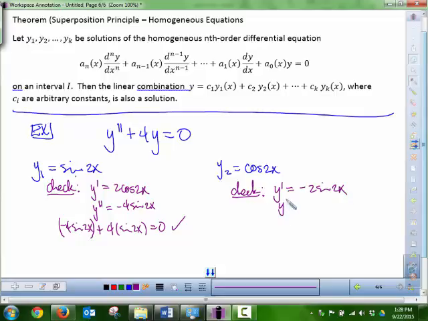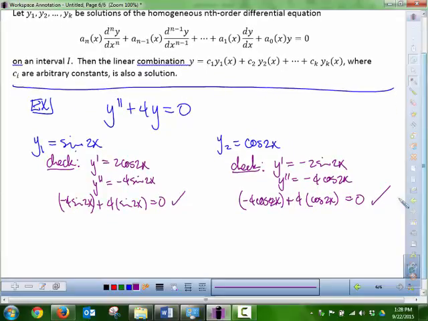So the first derivative, the second derivative, and then put that into the original differential equation. I need y double prime plus 4 times y. And that is also equal to 0. So yes, this also works.